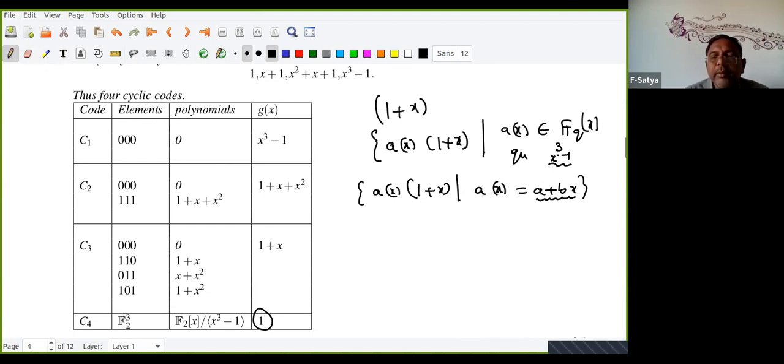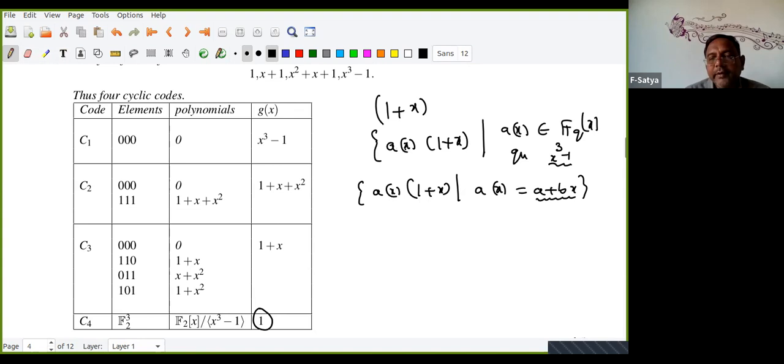Once you take the quotient with x cube minus 1, then I cannot get a polynomial of degree 2 or more. Here, I'm multiplying a linear polynomial with this polynomial, so again I'll get at most degree 2 only. Now, why are these two equal? That is a question. But for that, first work out a few examples.